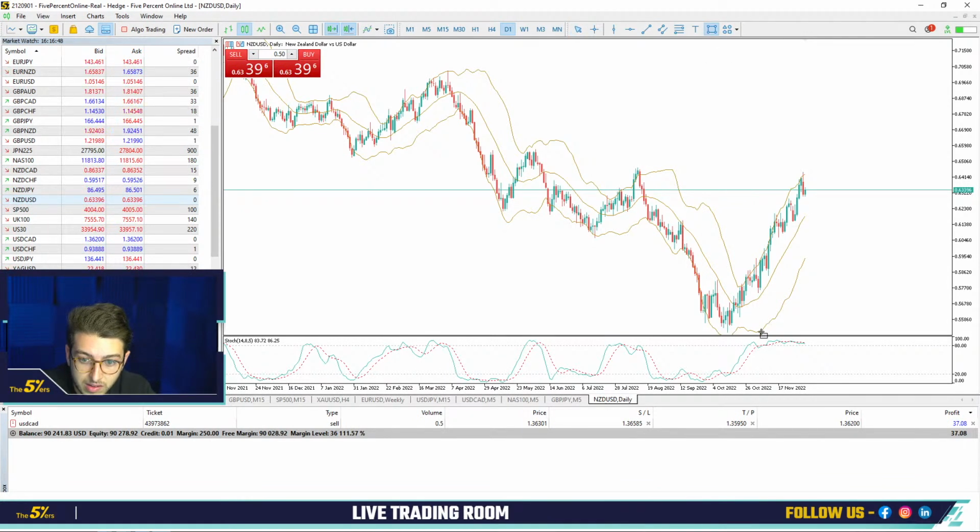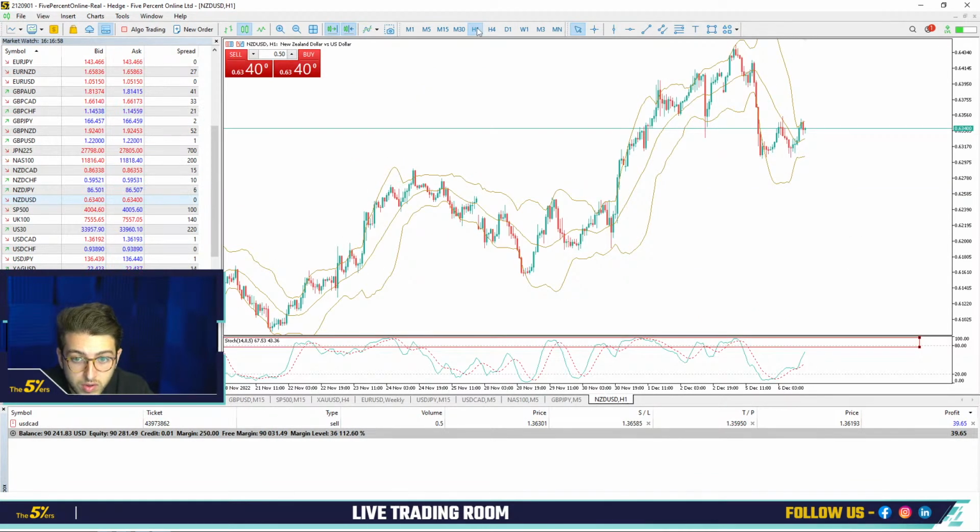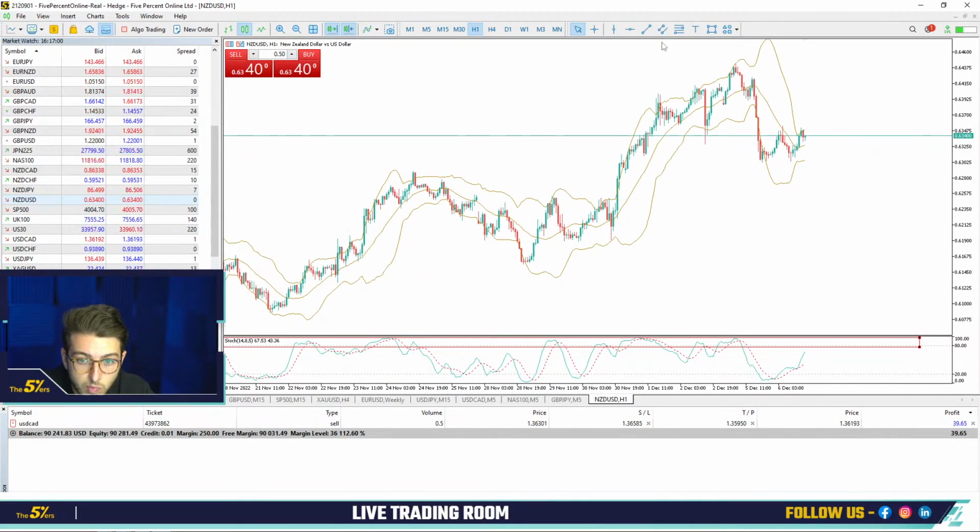I have stochastics here, you see, flat above the 80, starting to cross. So this can also be a point for me. If I go to a lower time frame, the price didn't touch this one.